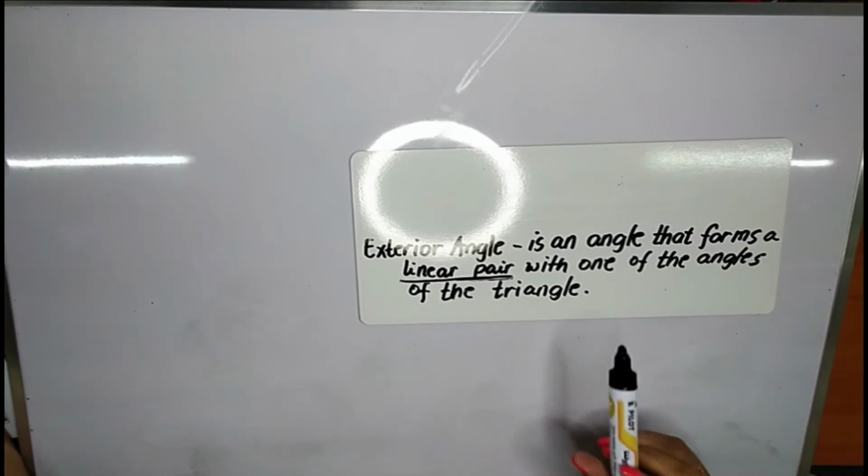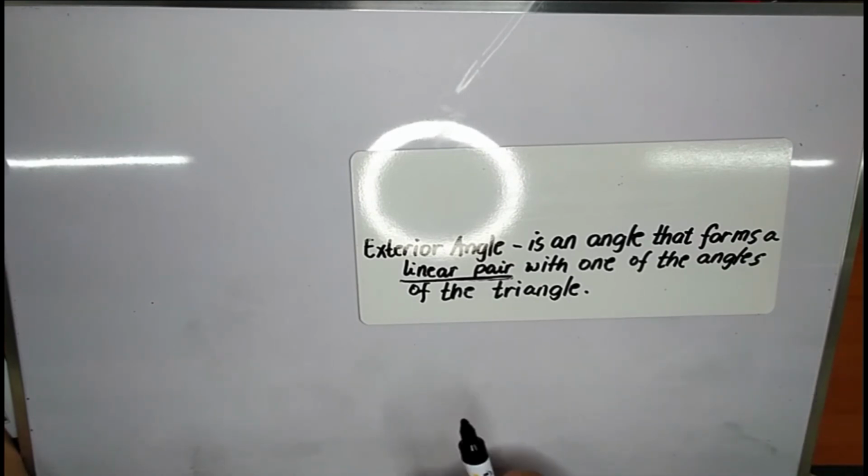Aside from that, as the definition says, it forms a linear pair with one of the angles of the triangle. What is a linear pair? A linear pair is two angles that are adjacent and whose non-common sides form a straight line.